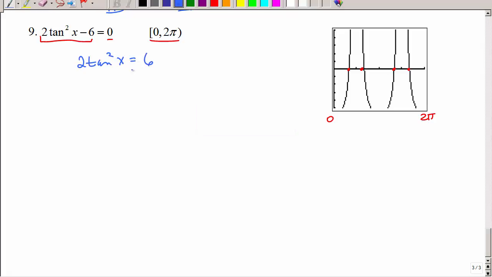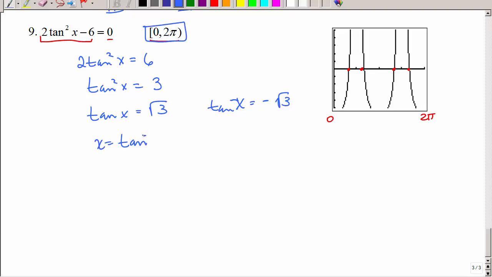I'm going to add 6, and I'm going to divide by 2, and I'm going to take the square root, and I'm going to remember to take the negative and the positive. Remember, when you take a square root, don't forget that, plus or minus. And you should say, oh, those are values I should know. And yay, it's between 0 and 2 pi. That's not too bad. Algebraically, that's what you're doing.